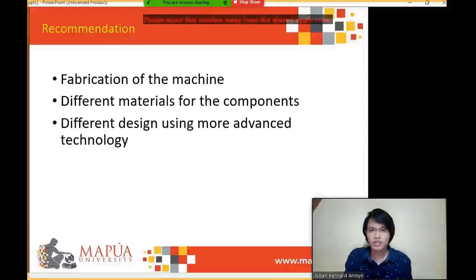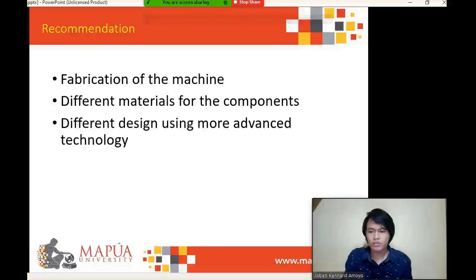Also, a full simulation of the design could be done to further analyze the energy production considering frictional losses, rotational losses, and other mechanical and electrical losses. The use of 3D printing technology could be used to easily fabricate some of the components.